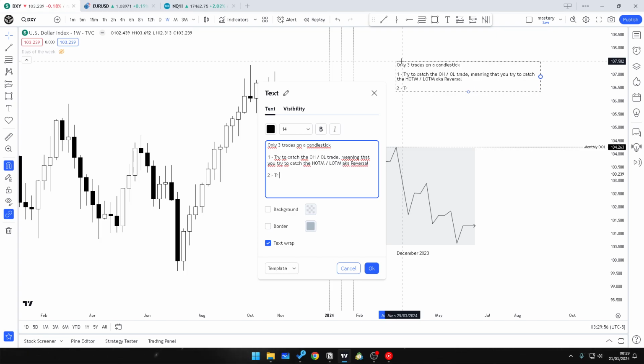Two, you try to catch the OTE slash continuation, coupled with the opening price support slash resistance inversion and a continuation turtle soup.